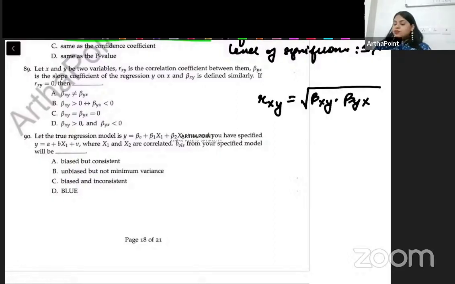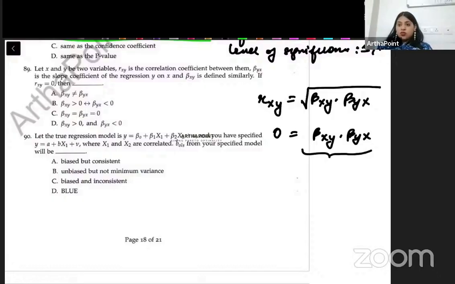Now it says that Rxy is 0. So I understand that Bxy into Byx is 0. Right? The only way this is possible is if one of them is 0. Only then the product can be 0.